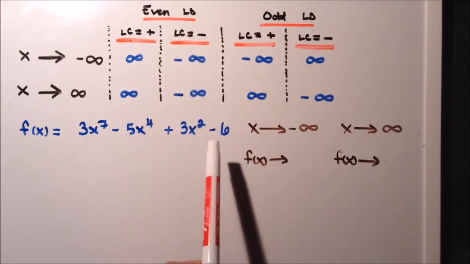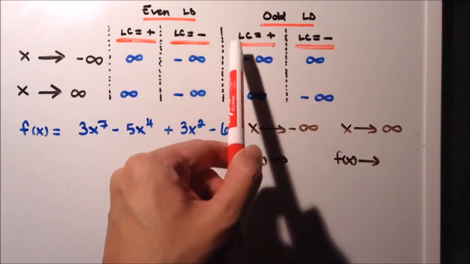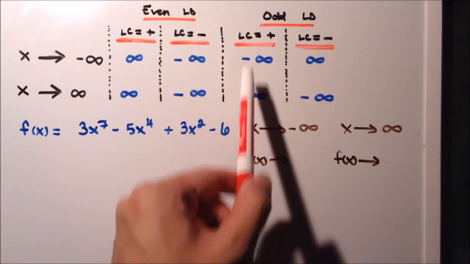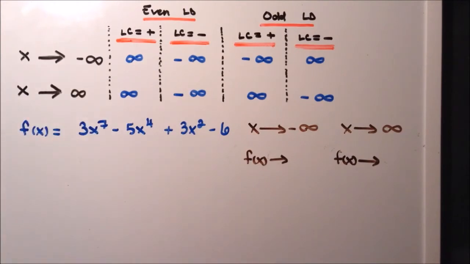If the leading coefficient is negative, those are the end behavior. Same thing here. If the leading coefficient is positive, these are the end behaviors for the left side and right side. Now you can copy this into your notes, but it's best to memorize it when it comes to quizzes or tests, especially when you're taking future math classes.